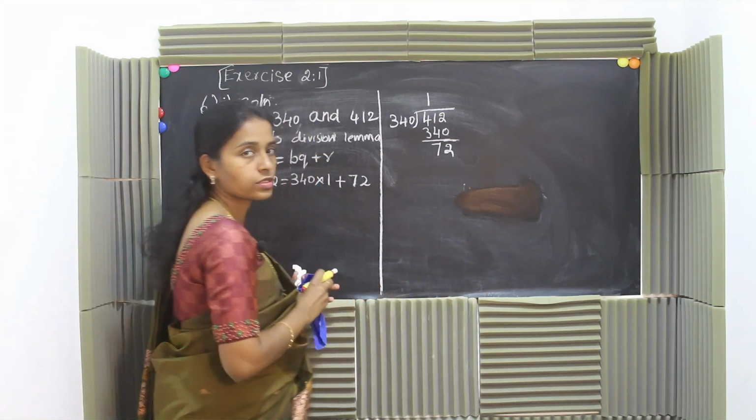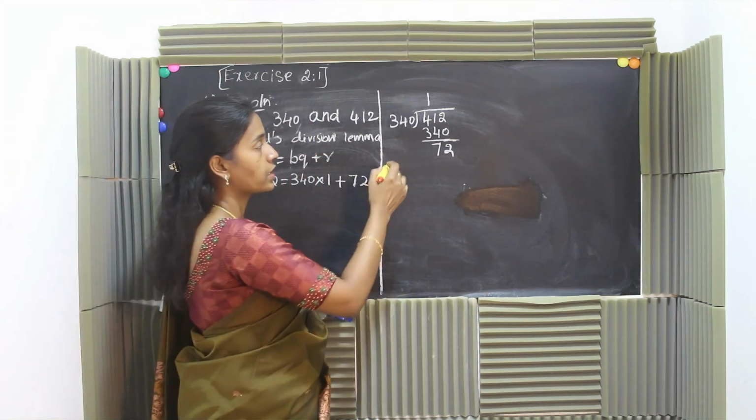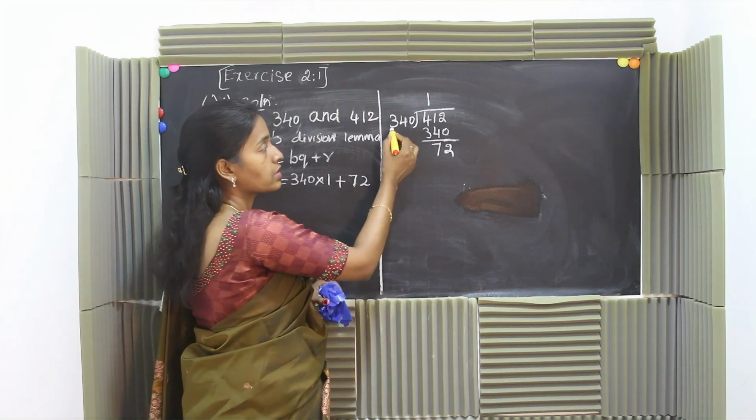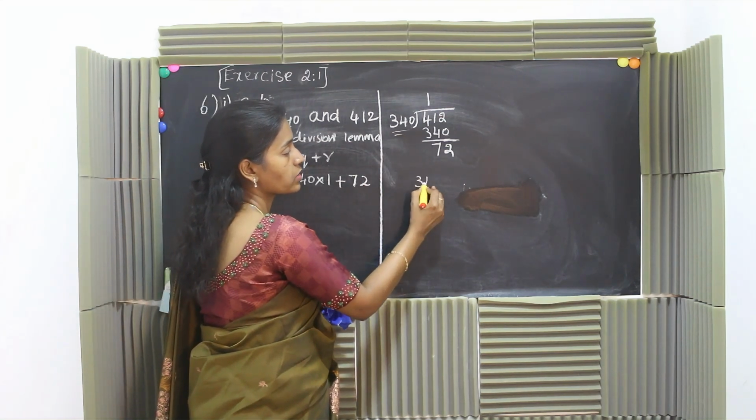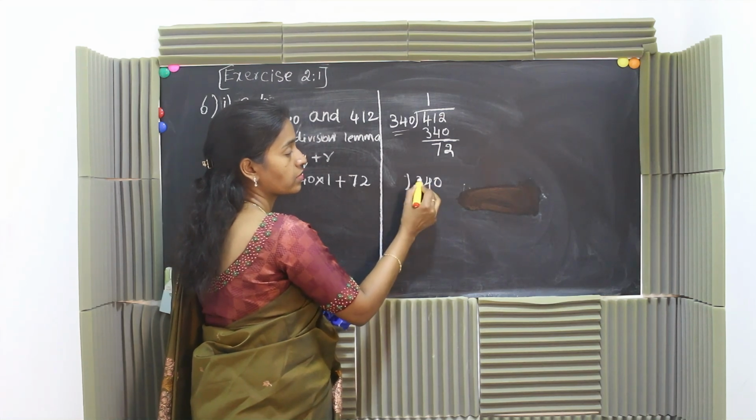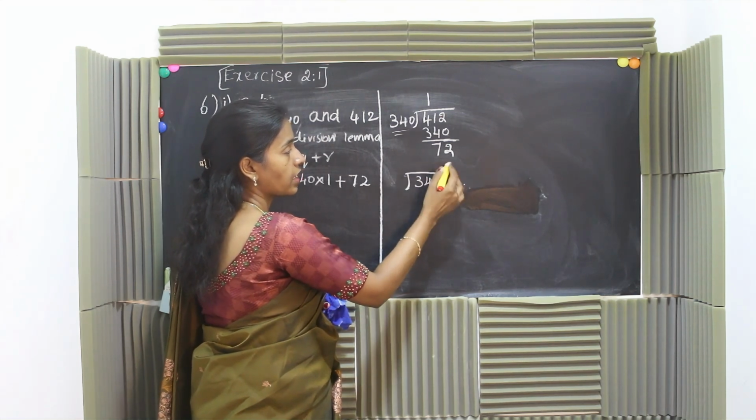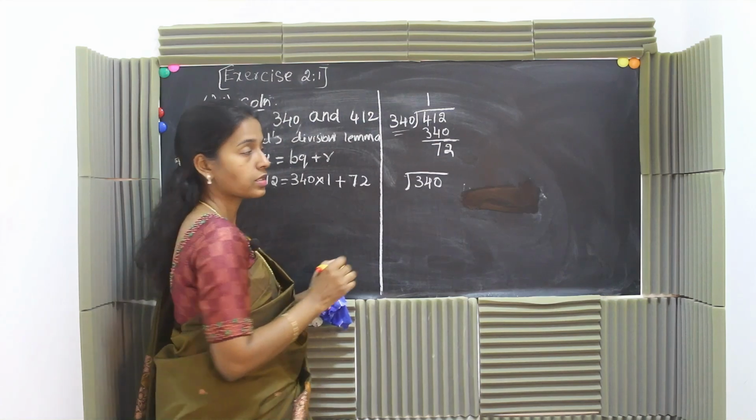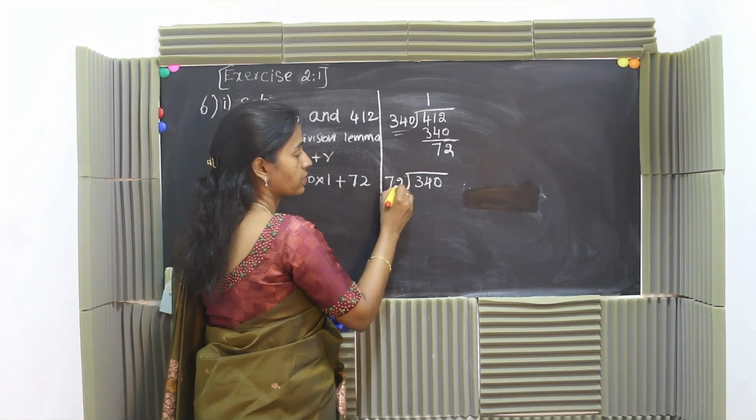Here, the remainder is 72. So, we should continue the division process. In the next step, this 340 becomes dividend, and this 72 becomes divisor.